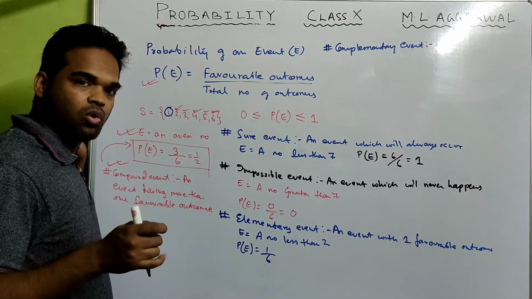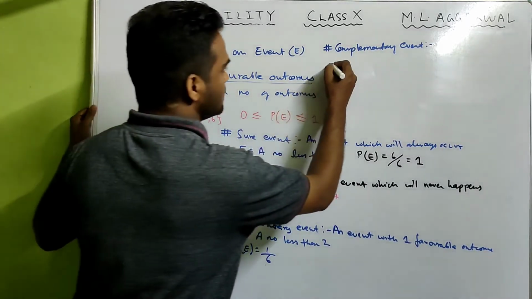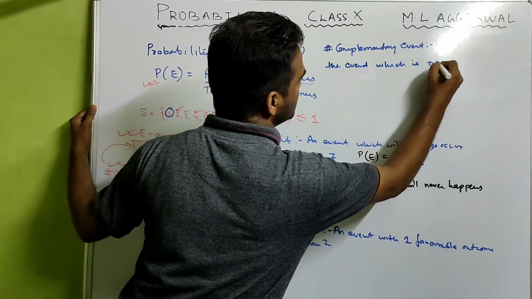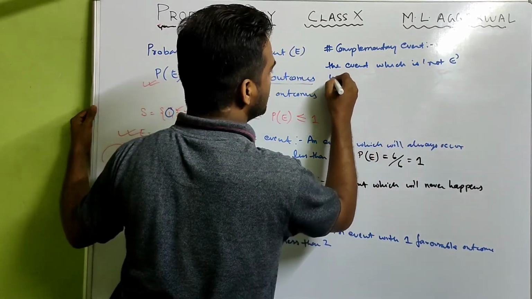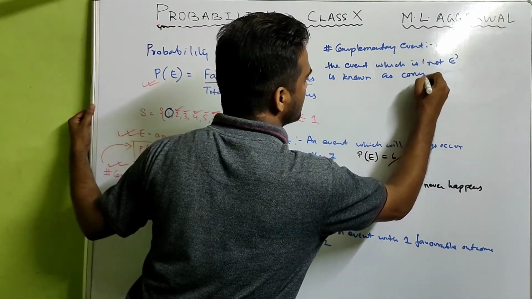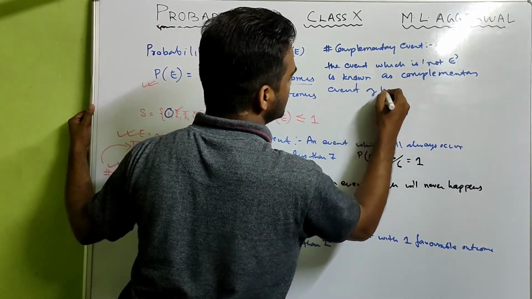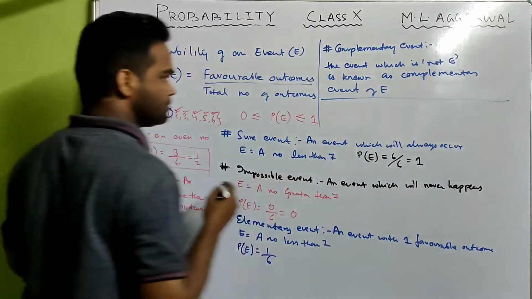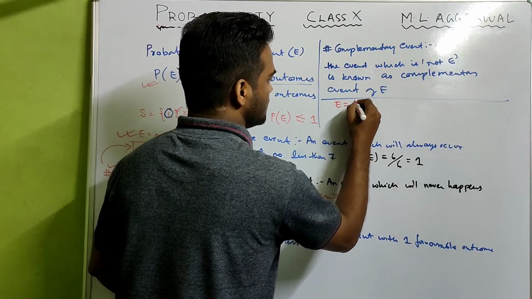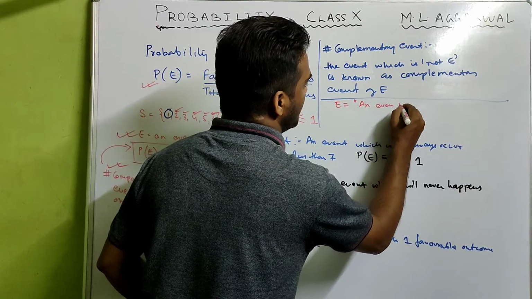The event which is not E is known as the complementary event of E. For example, suppose my event is, when I throw a die, getting an even number.